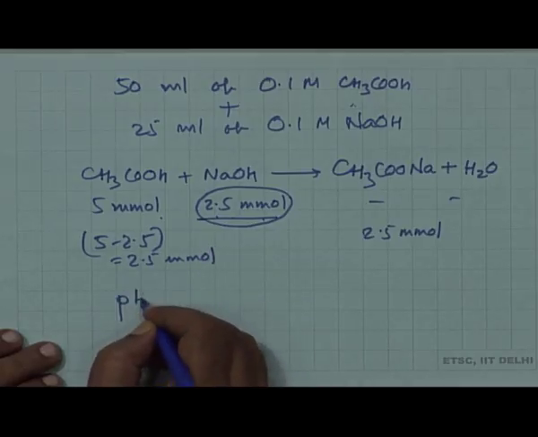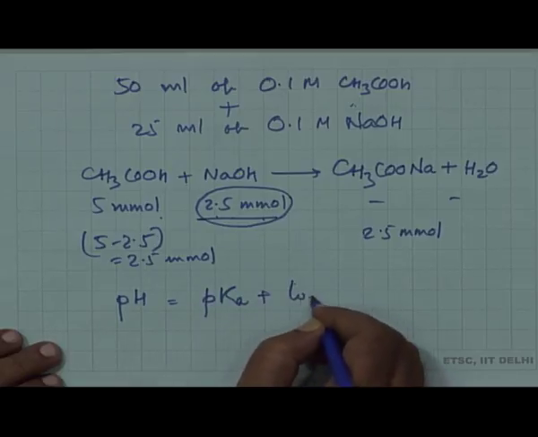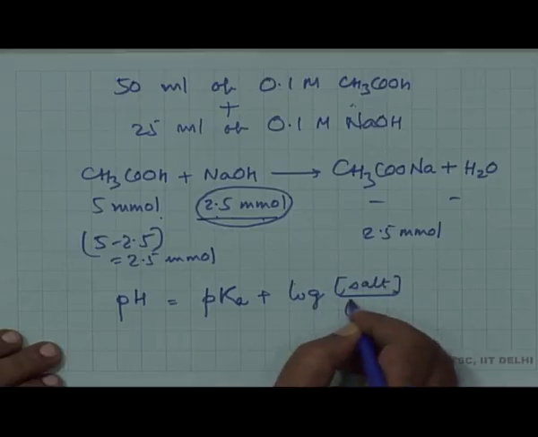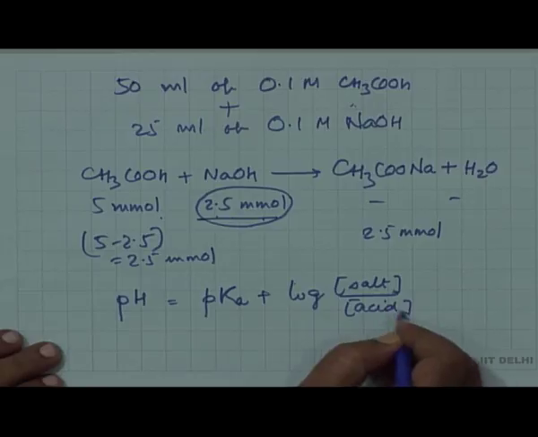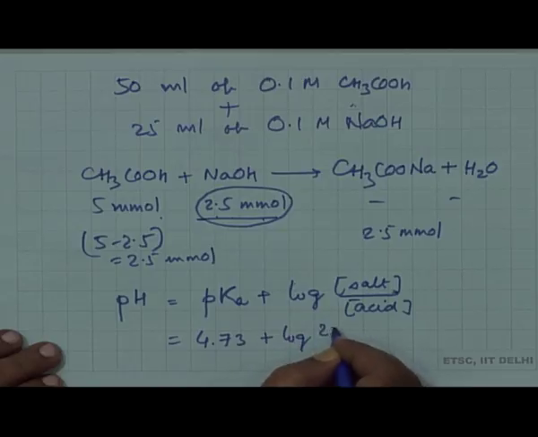Again, pH can be calculated using the Henderson-Hasselbalch equation: pKa plus log salt by acid, and pKa is 4.73 for acetic acid. So, plus log 2.5 by 2.5.